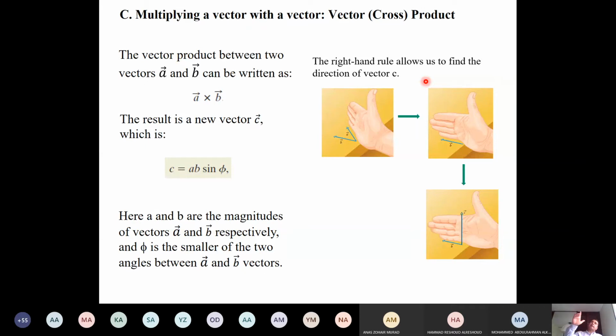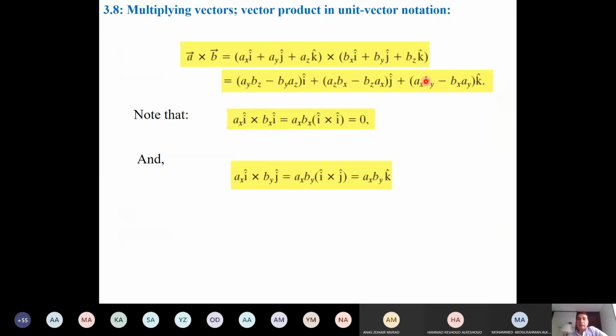And you can see quite rightly in this diagram, when we are using the right-hand rule, if this was going this way, then you have the thumb out of the page. If they were coming this way, then you will have to change your thumb to the other direction. This is the cross product.